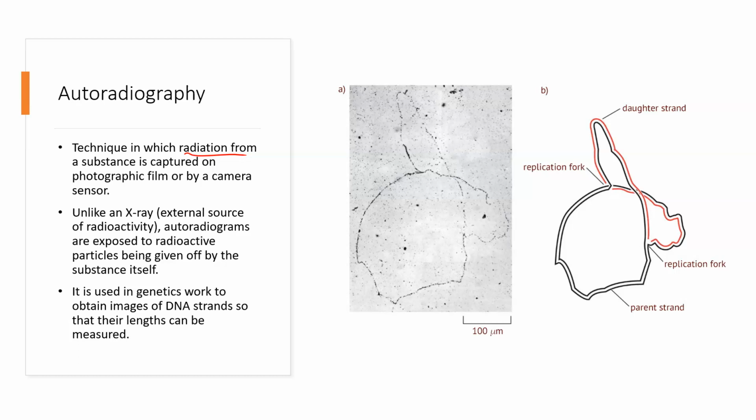They then look at the radioactive material and where it's located in order to determine size and location of the particular DNA molecule. It's used in genetics and often gives detailed pictures that indicate size and location.